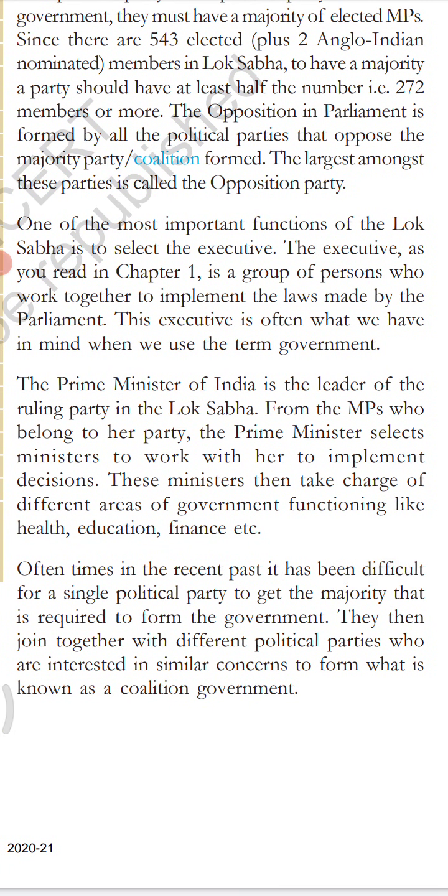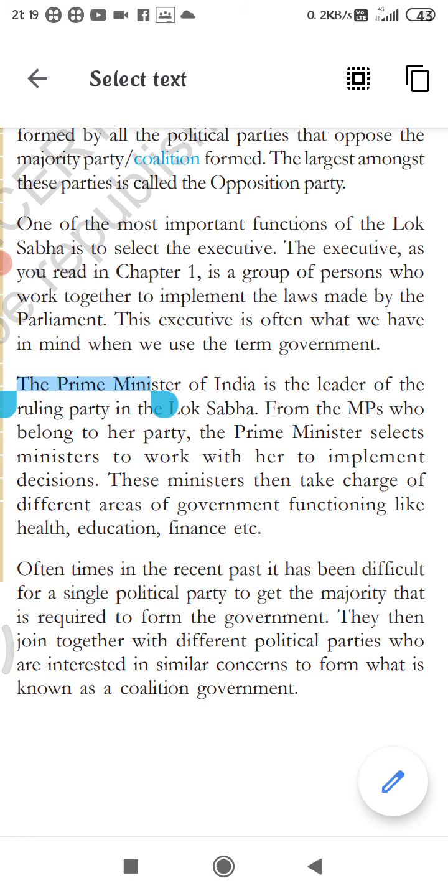Next, see this para, underline this line also. Prime Minister of India is the leader of the ruling party in the Lok Sabha. Just now we have discussed this. The leader of the ruling party in Lok Sabha is elected as the Prime Minister. And the tenure of Prime Minister, that also we discussed, is 5 years.